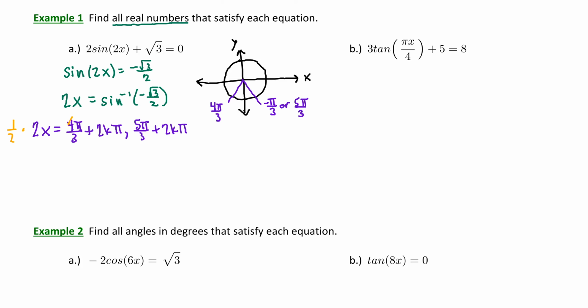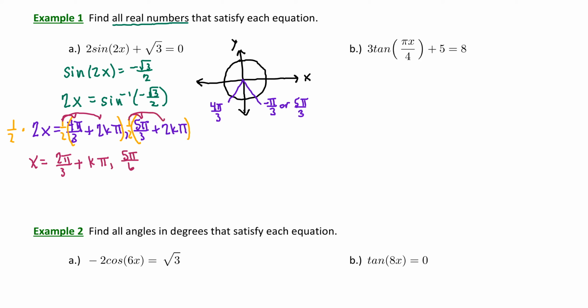So I'm going to multiply every term in this first expression by a half and every term in this second expression by a half. This isolates x on the left, and as we distribute our 1/2 inside parentheses here, we're going to end up with 2 pi over 3 plus, remember I'm distributing in a half here, 2k pi times 1/2 is k pi, and 5 pi over 3 times a half gives us 5 pi over 6.